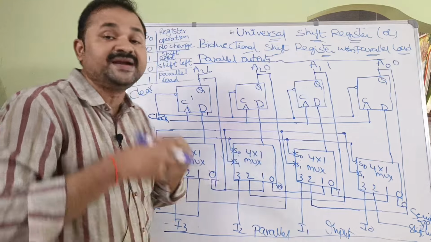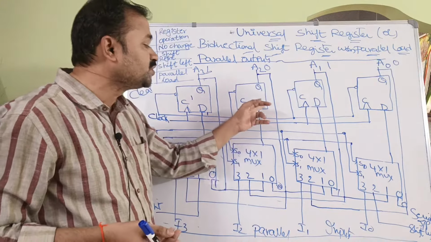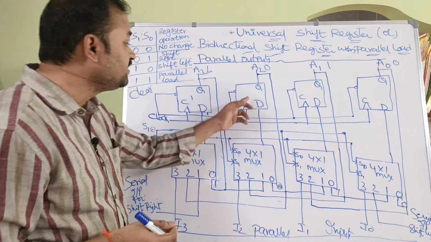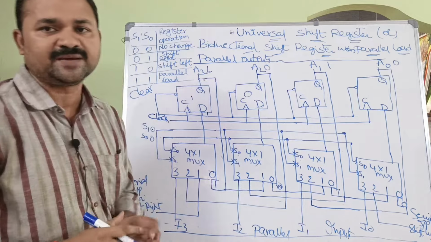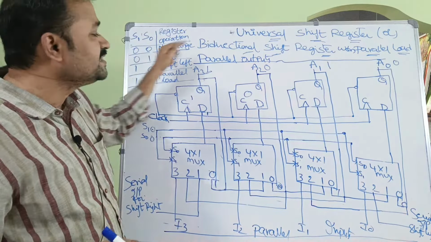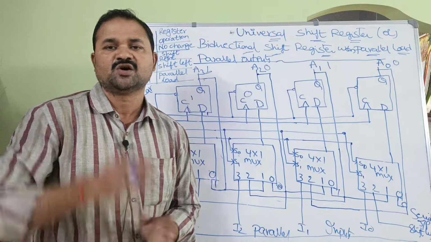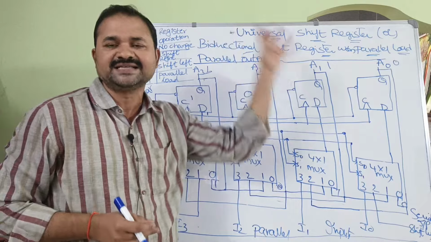So that 0 will be displayed as the output. Here we are passing that output as input to the D flip-flop. So what will the D flip-flop contain now? 0. So it will display 0 as the output. Okay. So the point is, if the selection inputs are 0 0, then there is no change in the output. The output will be as it is, just like the previous one. So we can say that that is correct.